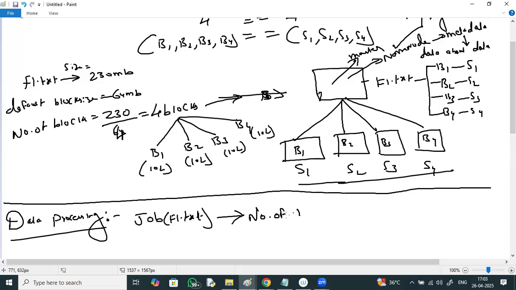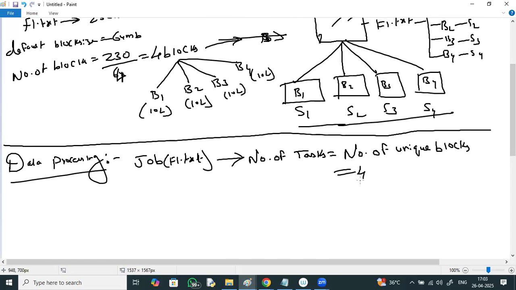The number of tasks is equal to the number of unique blocks. Understand, I am using the word unique. How many unique blocks here? 4 blocks. 4 blocks means how many tasks? 4 tasks.